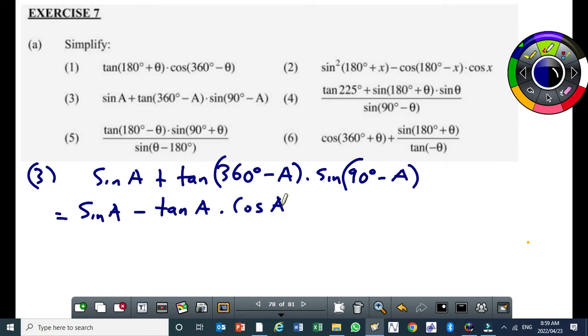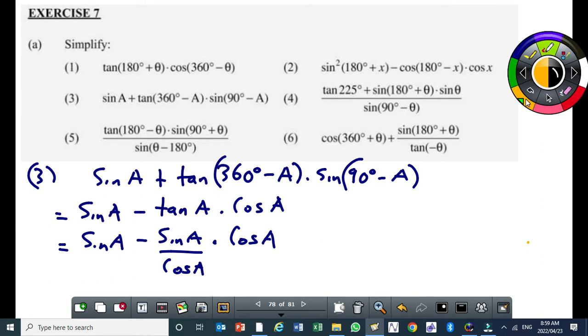Then, since we have done the two fundamental identities, wherever there is tan, convert the tan to sine over what? Cos. So this will be sine A minus sine A over cos A times cos A. Okay?